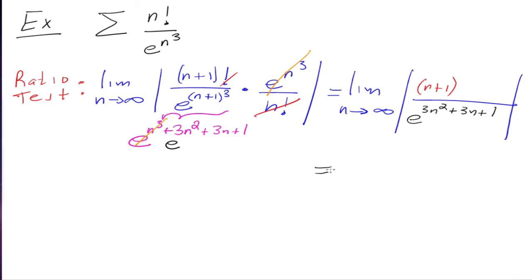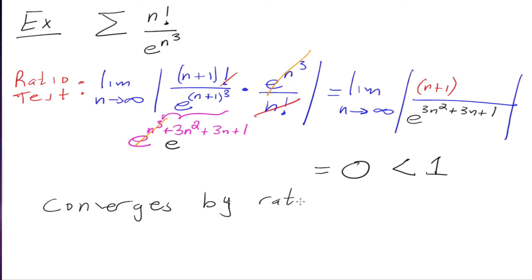If you really want to, you can use L'Hopital's rule, but it's pretty obvious. If you do L'Hopital's rule once, you get 1 over the exponential, which stays there. So this is definitely going to be equal to 0, which is less than 1. So this sequence converges by the ratio test.